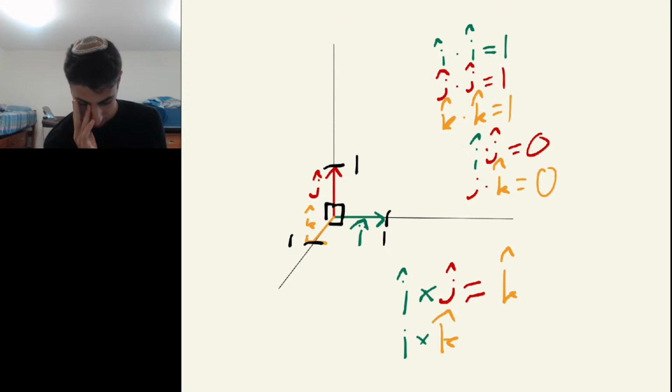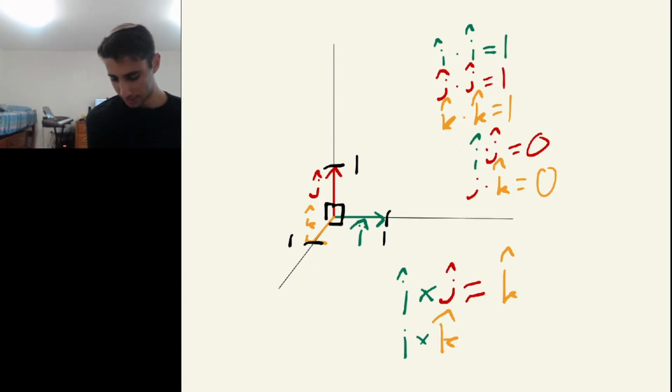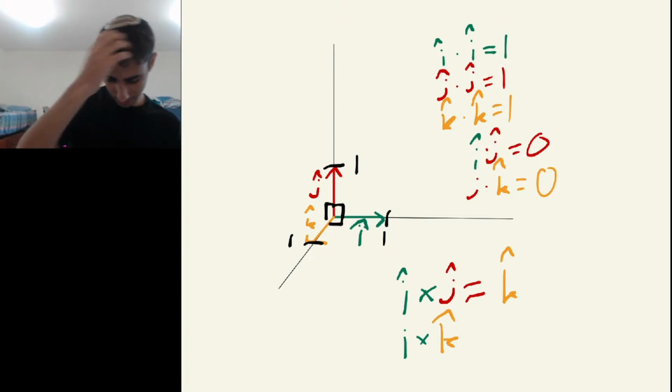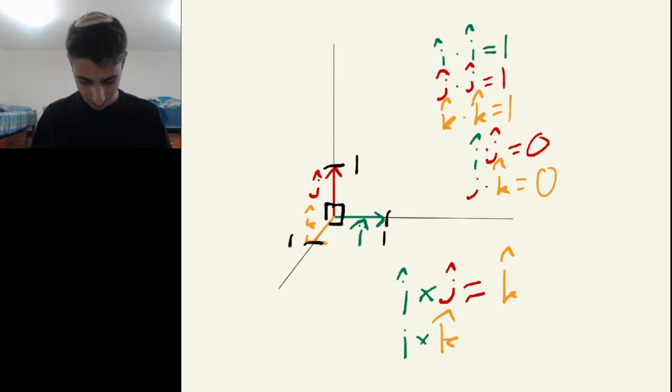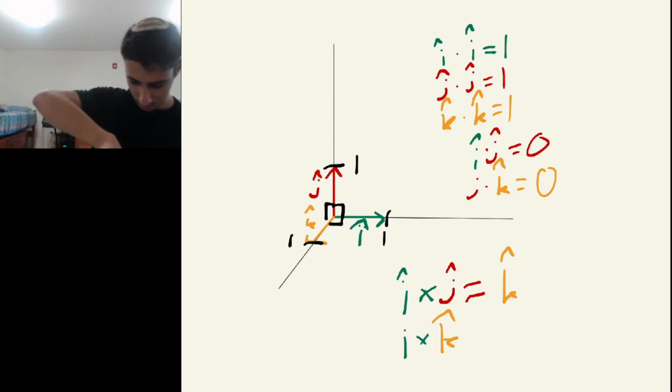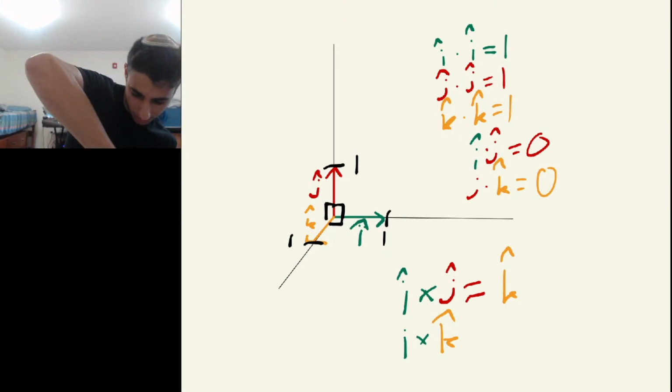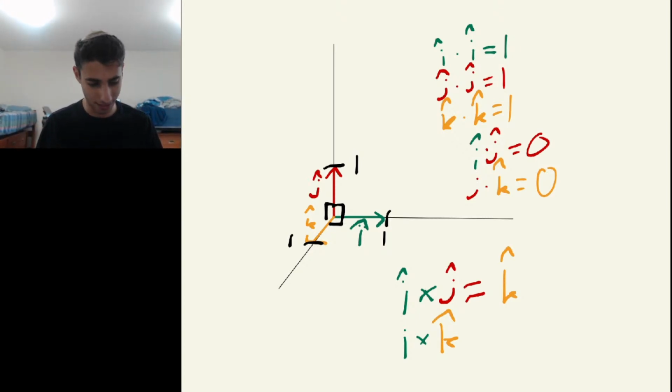Wait, did I mess this up? For i cross j, the thumb is facing up, which in my case is towards me based on how I'm looking at this. And then i cross k. I really messed up my orientation. Hold on. What would k be? K would be going down like that. But that doesn't work. Oh no, I guess it does. Yeah, i cross k would bring me like that. Hold on, this is all very confusing.